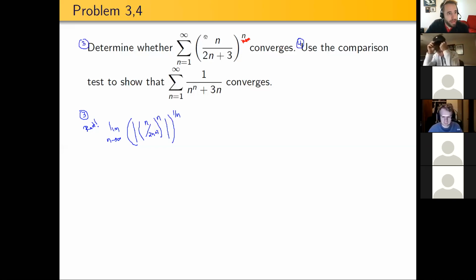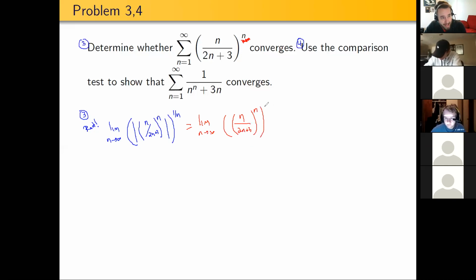And so what we end up with is this limit: we have the whole expression n divided by 2n plus 3, that's raised to the nth, and then that is raised to the 1 over n. So we're taking the nth root of that thing.